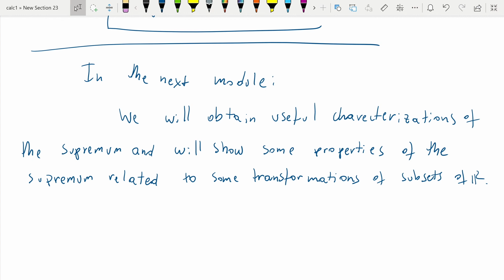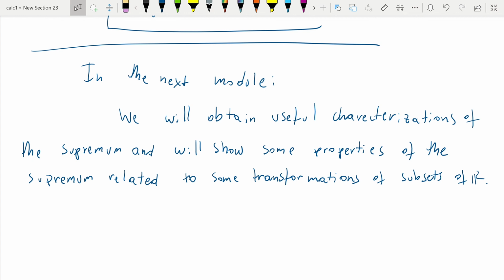And so we'll be applying this new characterization of the supremum and infimum to some problems. At the same time, we will use them to show some more fundamental properties of the supremum and infimum related to some transformations of sets of R. So what do I mean by that?